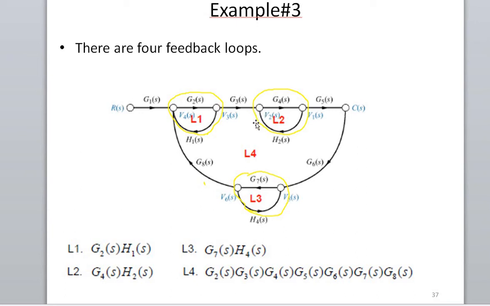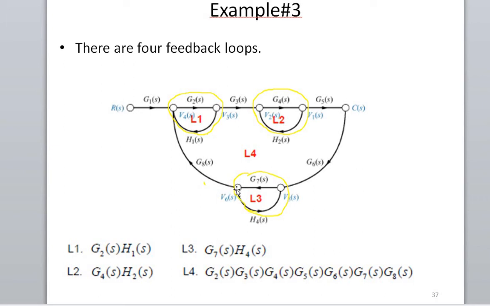Similarly, there is another loop L2 that starts from the node V2 and reaches V1, again returning back to V2. So we can write the transfer function of loop L2 as G4(s) into H2(s). Here L3 is another loop, and there is a difference in the L3 loop.